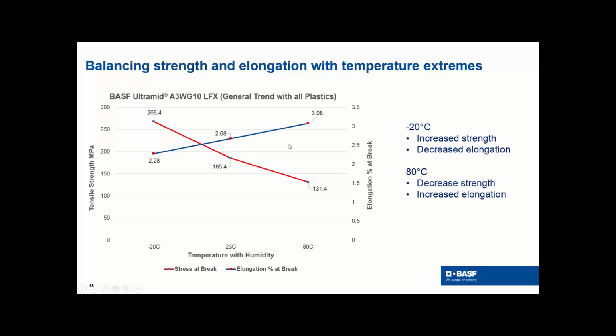So worst case, if you have both extremes, your part is going to see minus 20, say it's going to be in Alaska, and then you're going to see 80 degrees C, you're going to be down south in the sun. Then basically your worst case conditions will be for elongation is going to be this number. It's only 2.2, whereas for strength, it's going to be the high temperature at 130.